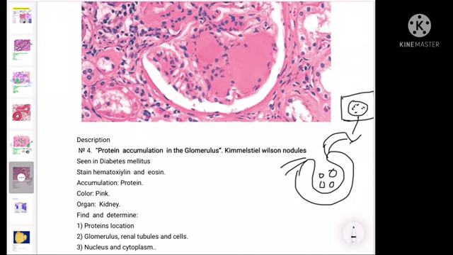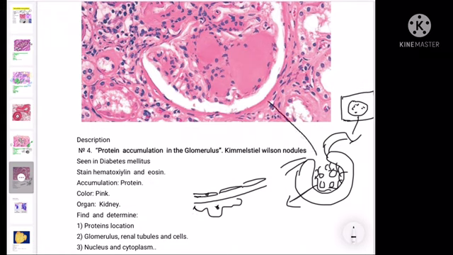There are a lot of interstitial cells along with the endothelial cells. And the endothelial cell, if I draw it like this, then there is a basement membrane, then there are the podocytes.